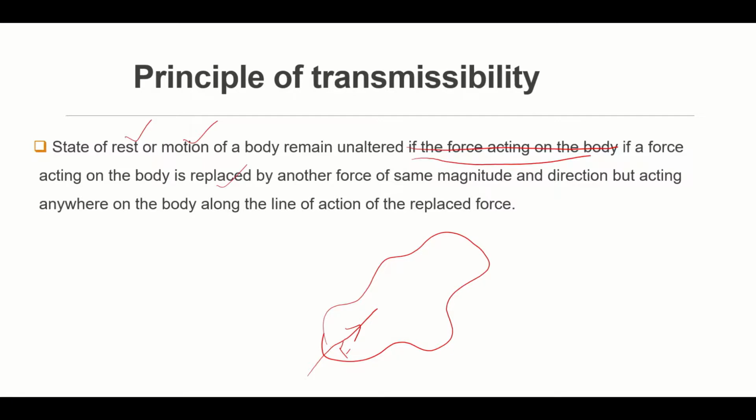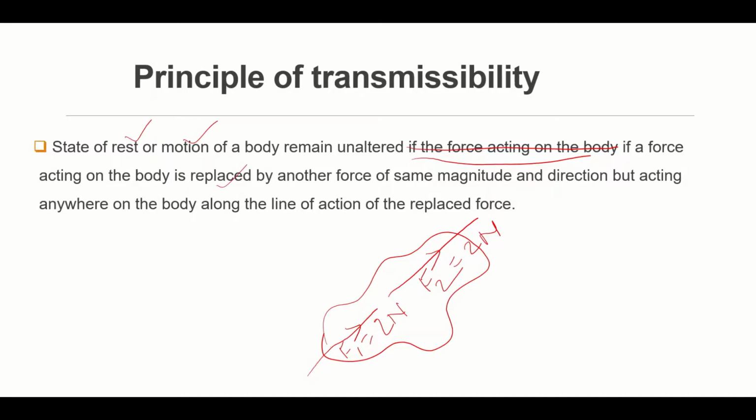Say I am just replacing this particular force with a new force in the same direction. Instead of F1, I have given F2. But its magnitude and direction are the same. F1 is 2 Newton, F2 is also 2 Newton, both acting in the same direction.